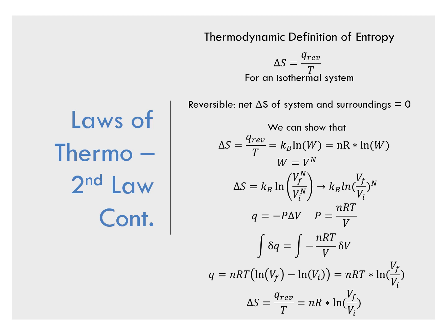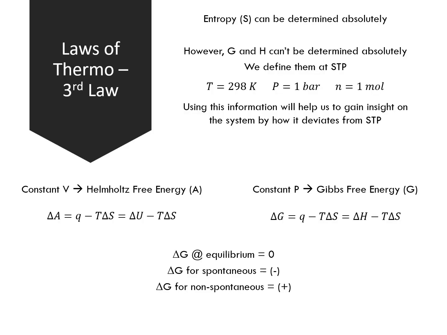And we can plug that into our Q reversible from way up above and get that the change in S is equal to nR times the natural log of Vf over Vi. So this brings the two equations together, and really it just is dependent on how you want to go about defining them and what information you're given in your question and how you're going to go about solving for entropy.